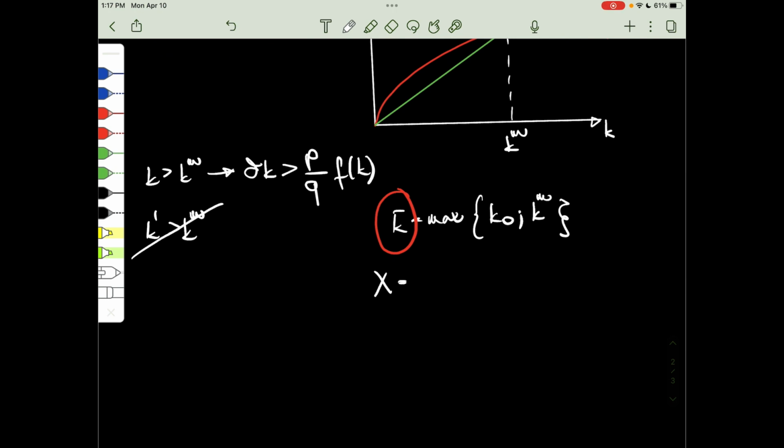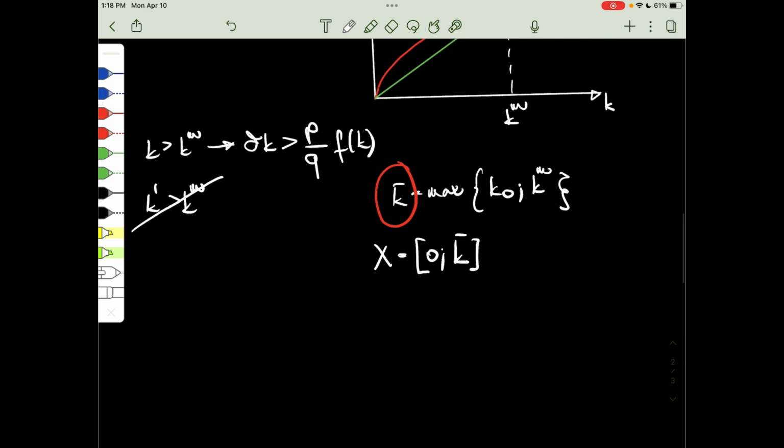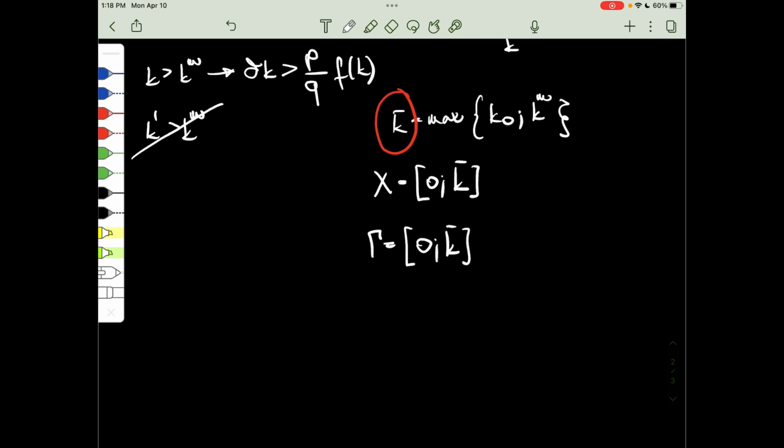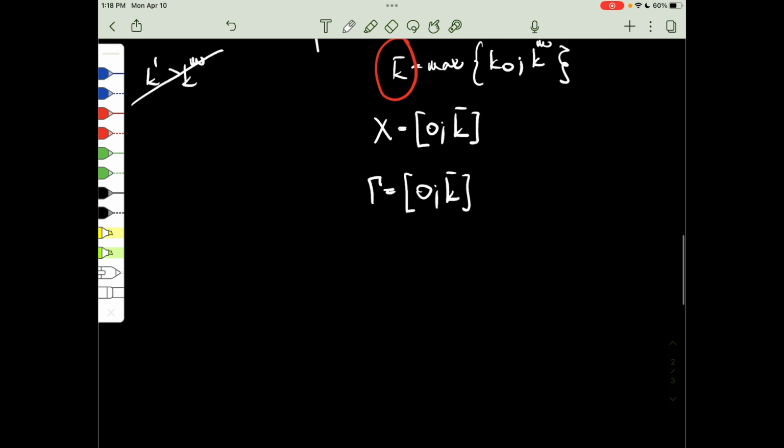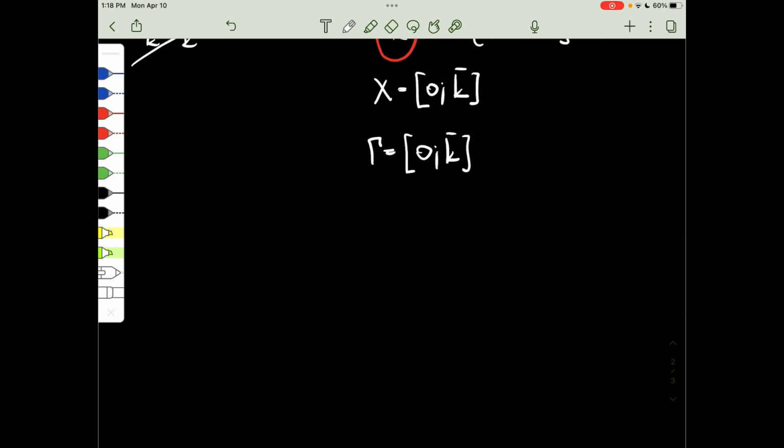So this is the state space we have, and this is a closed interval, and on this closed interval the one period return function is bounded, and we have this correspondence. It's always non-empty for any non-zero positive capital stock. So everything is closed and compact. So the return function is bounded, and we can start solving the problem.